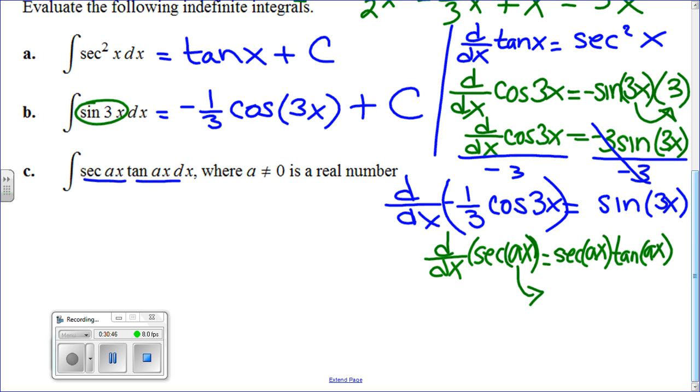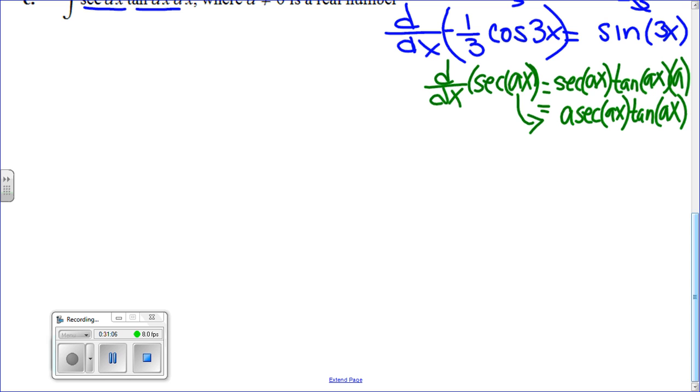So what's the derivative of ax? Think of a as a number, so a. Now a is the coefficient, so I'm going to move it to the front. So I'm going to have a secant of ax times tangent of ax, and then here we will have d/dx of the secant of ax.